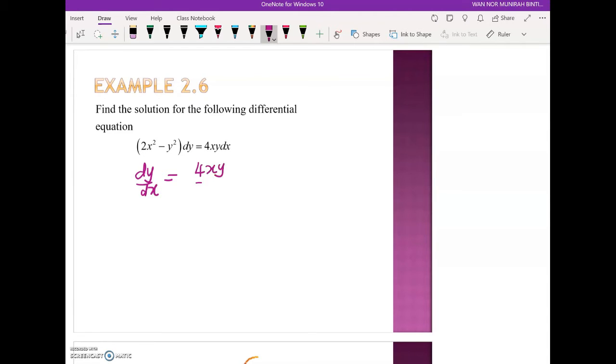It is better to make this equation dy/dx equal to f(x,y), and then test f(λx, λy). Is it equal to f(x,y)? If yes, then this equation is homogeneous.